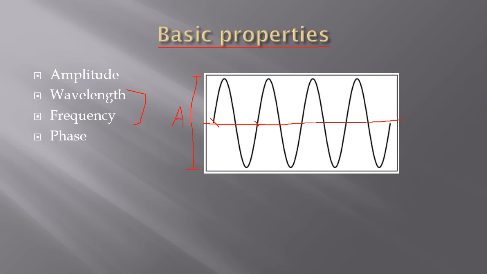It consists of half a cycle above the reference point and half a cycle below the reference point. Then we have the second wavelength, we have the third, and we have the fourth. So the signal consists of 4 waves.